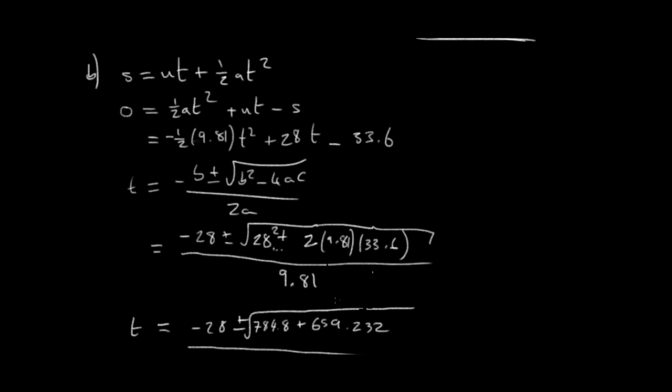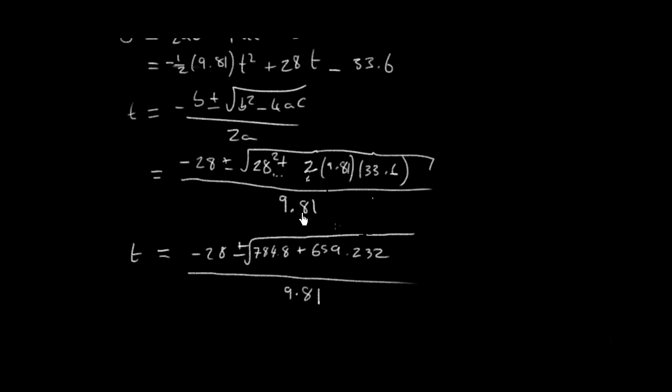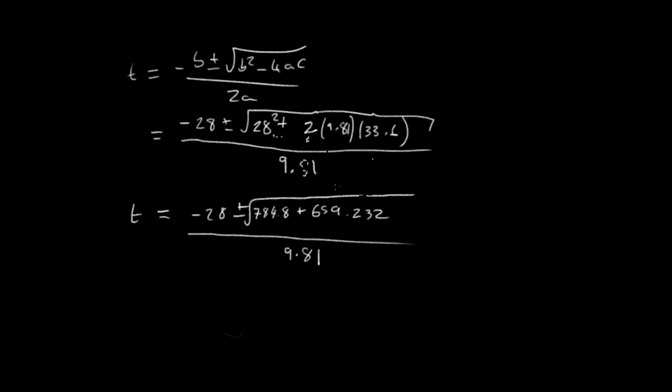Okay, that negative in there is really important because it means that now when I have a minus 4ac, actually I'm going to have an extra negative here, and the bottom of this thing here is also going to be negative.